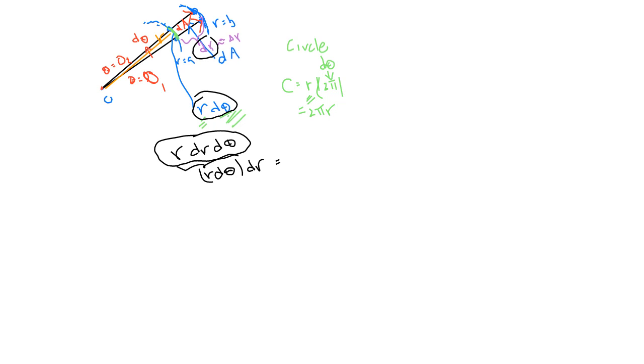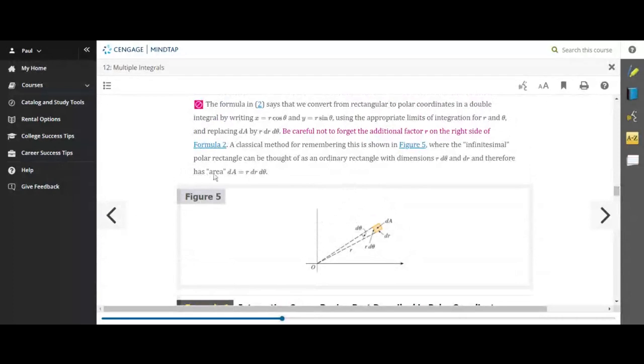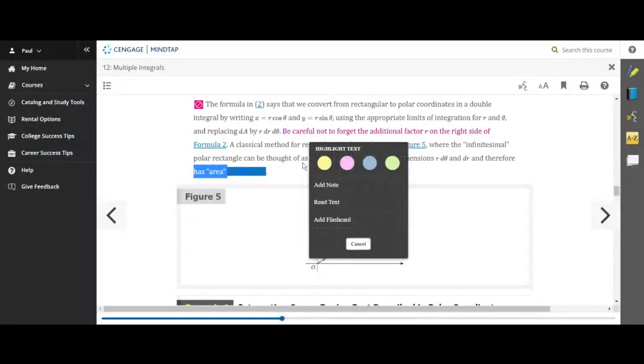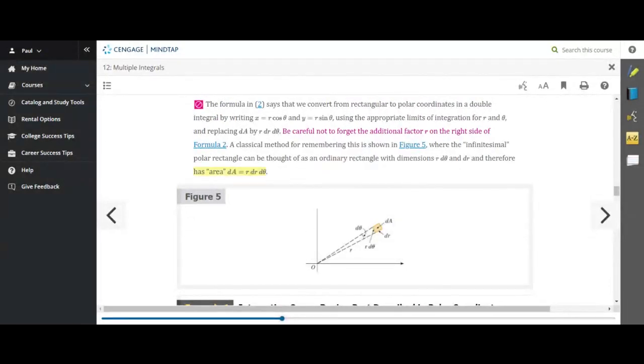They mention that in the book. What I just explained is what they talk about right here. I just gave a little more detail for you.